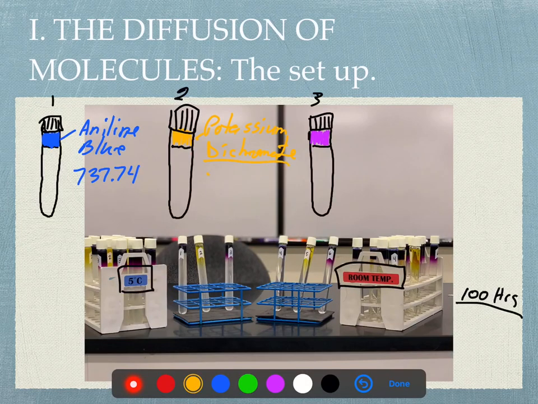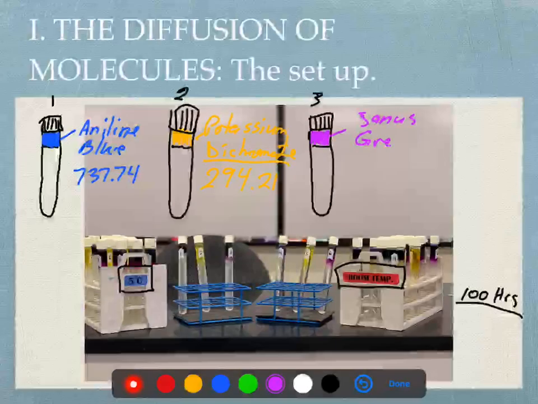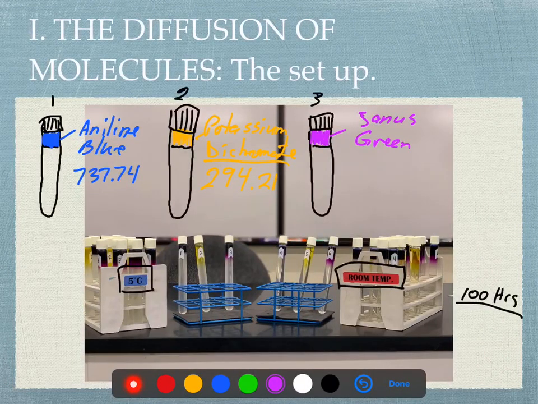I'm sorry, I know that you can't see that very well, but it's all in your manual. And this one has a molecular weight of 294.21. And finally, the third dye is Janus green. Janus green has a molecular weight of 511.09.